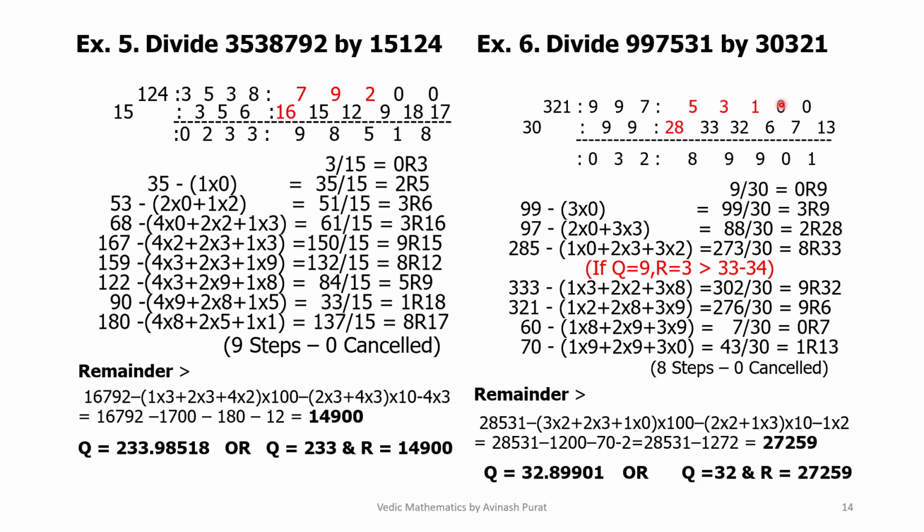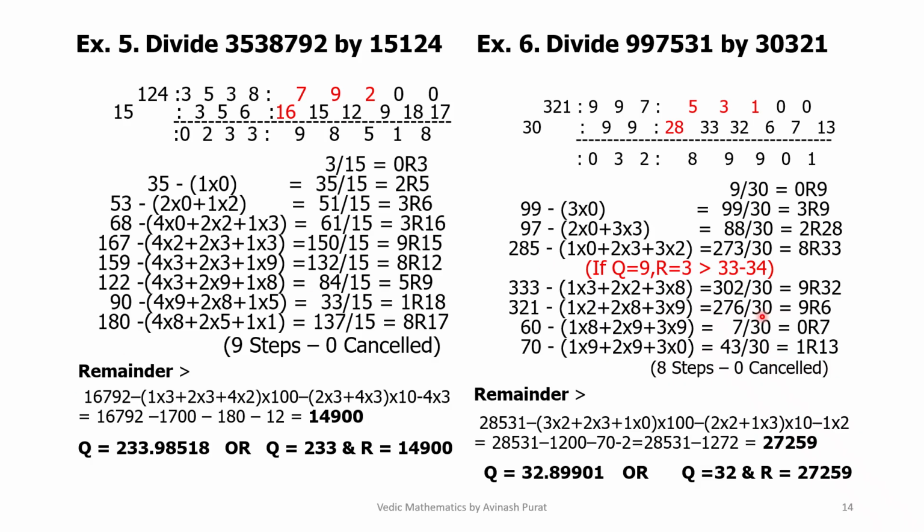So 60 is the dividend, minus 1 into 8 plus 2 into 9 plus 3 into 9 equal to 7, divided by 30 equal to 0, quotient, and remainder 7. 70 is the next dividend, minus 1 into 9 plus 2 into 9 plus 3 into 0 equal to 43, divided by 30 equal to 1 is the quotient and the remainder is 13.